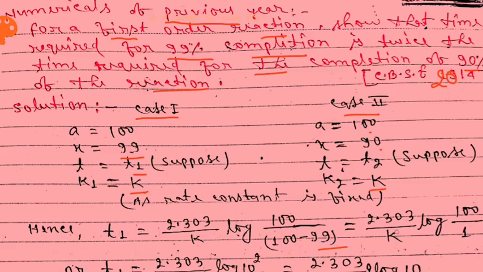It is equal to 2.303 by k log 100 by 1, because 100 minus 99 is equal to 1.